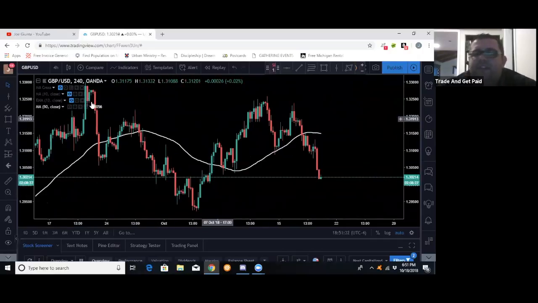Four hours times 50, so we're talking 200 hours of movement in the market. Whether it's 4-hour candles or 15-minute or whatever chart you're on, we take the closing price of all 50 of those and divide by 50. That's how we get the 50 moving average.